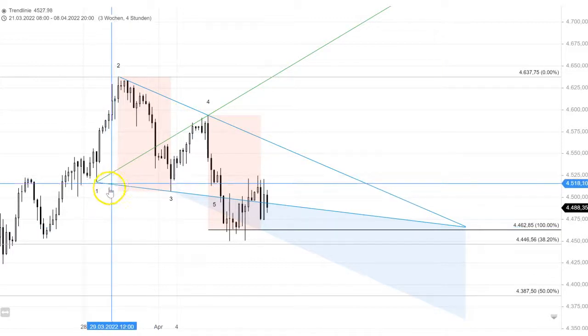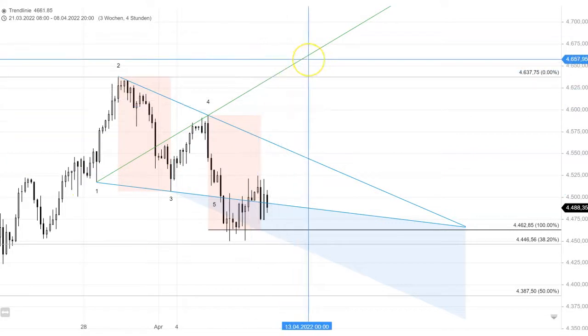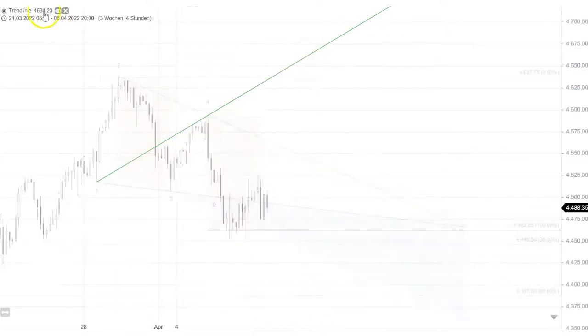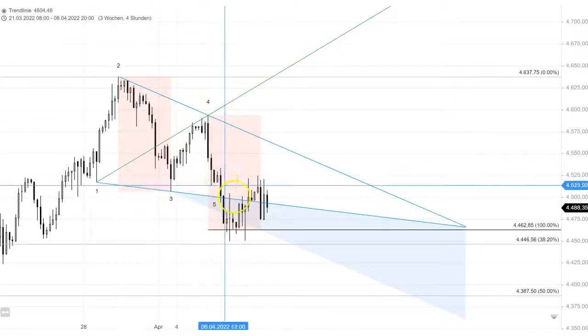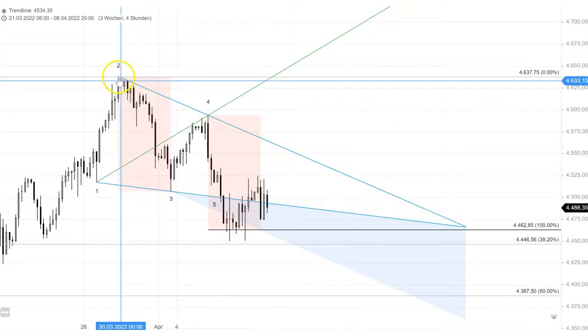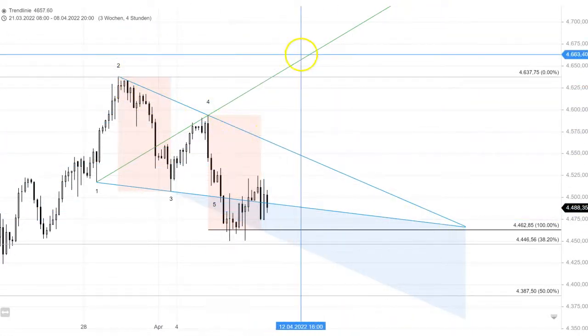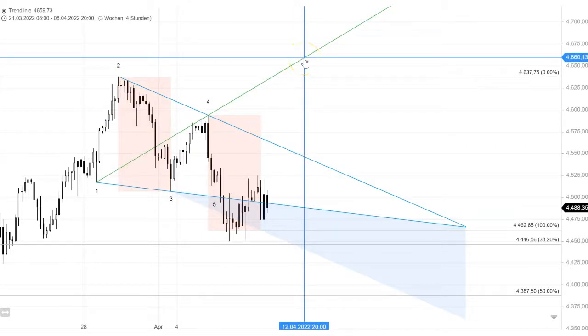And this one looks also quite nice. I mean, that target line is a bit steep, but it could still work. That trend line runs presently at 4,634. I would say as soon as we go through that trend line, there's a good chance that we hit that target line in the next week or 2.